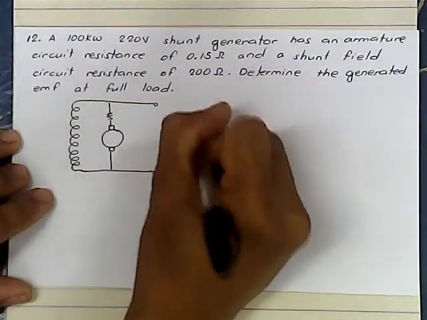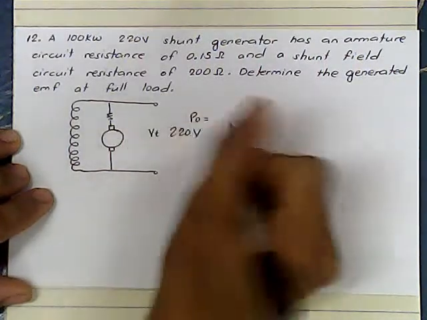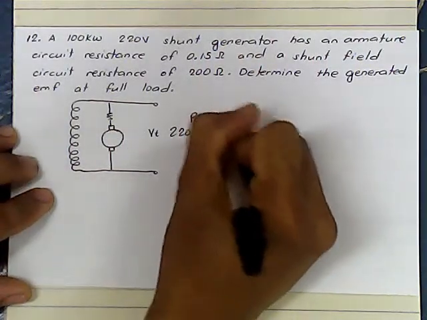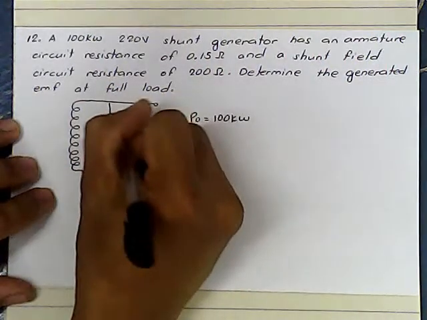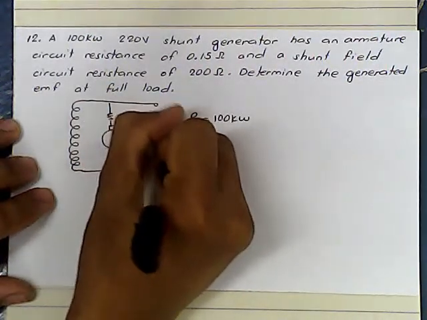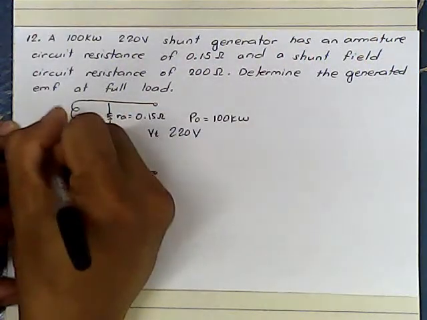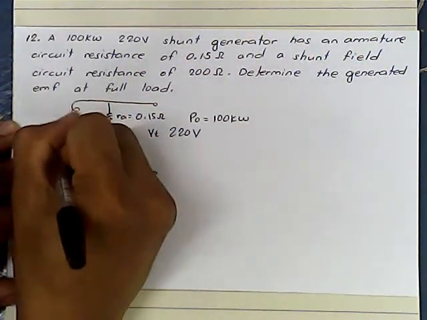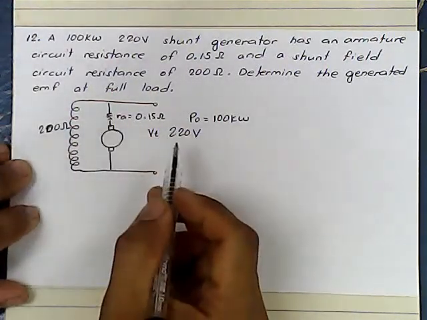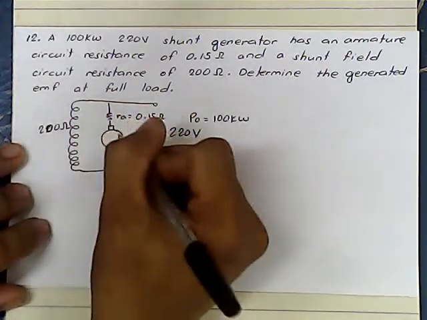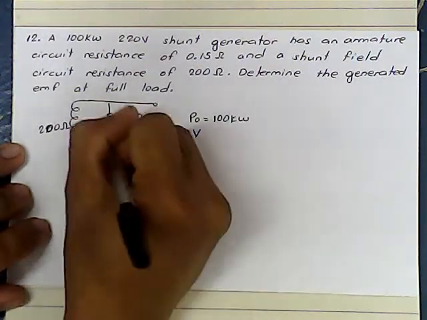And the power output is equal to 100 kilowatts. Now, RA is given as 0.15 ohms, wherein the shunt field resistance is 200 ohms. So, ang hinahanap po natin is the generated EMF.